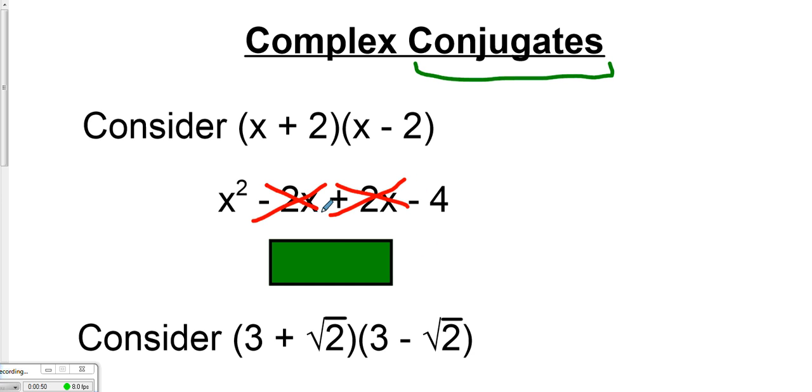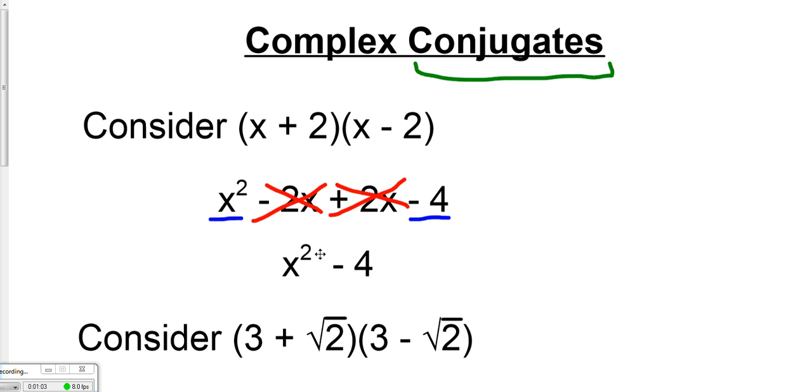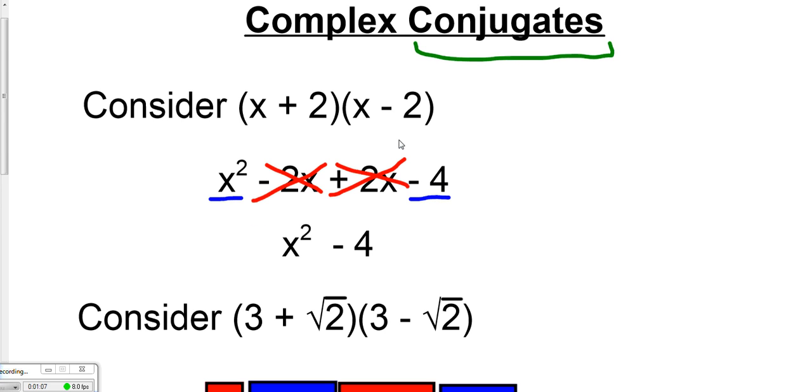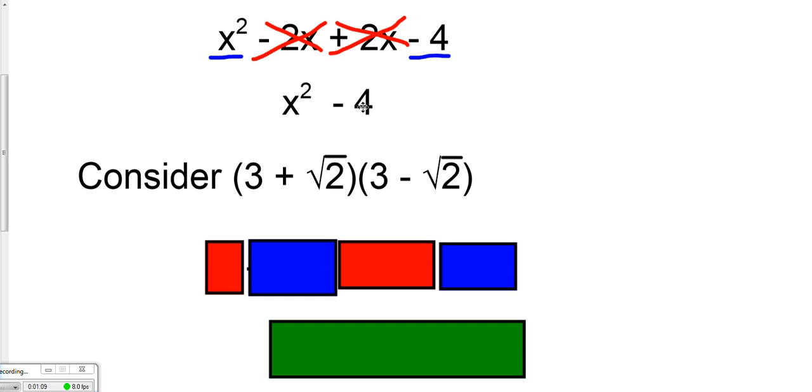So we no longer have our x term. The only things we have are an x squared term and a constant term. So in essence, we were able to get rid of one kind of term using these two binomials.